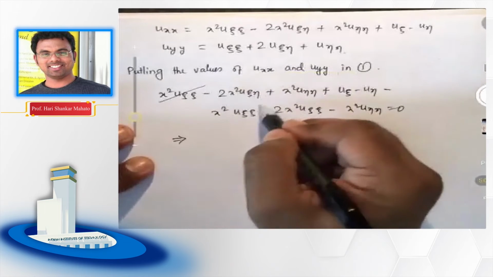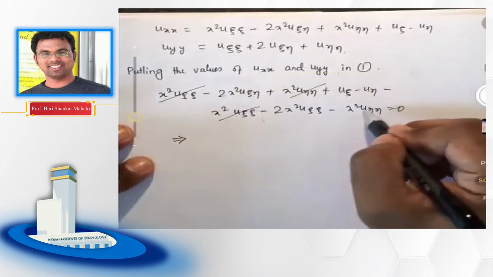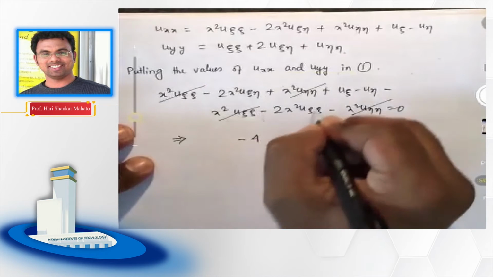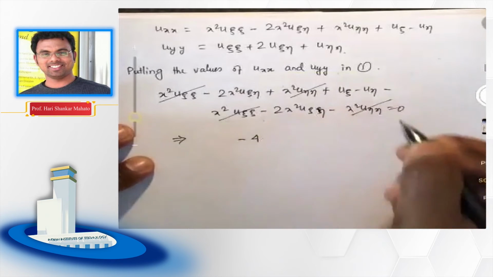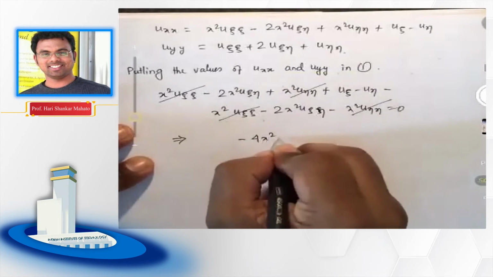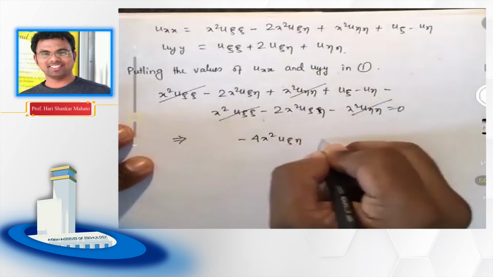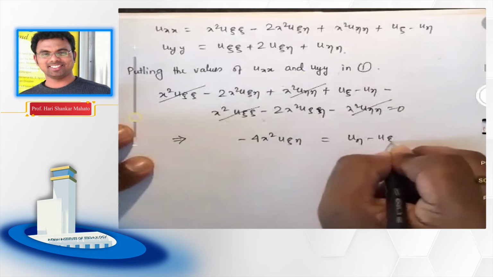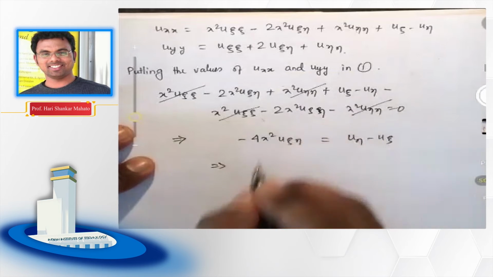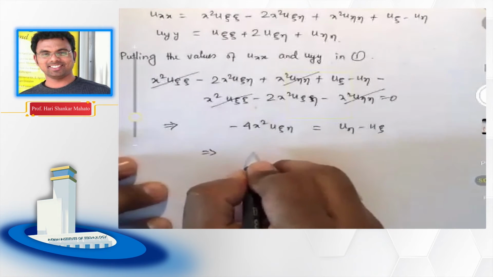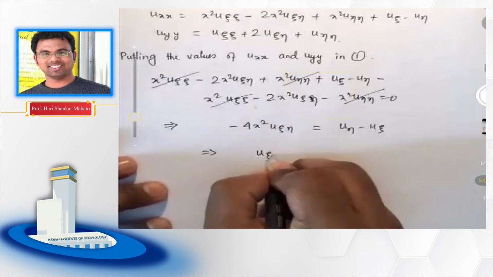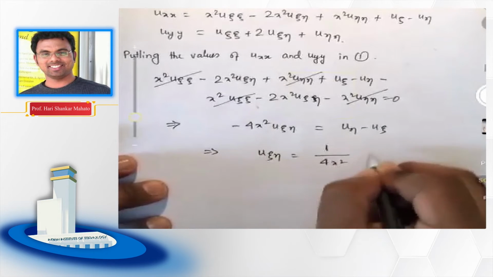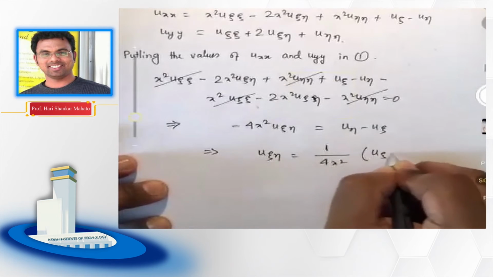So this will cancel out with this, and what we are left with is minus 4x square u_xi eta, this should be xi eta, yes, equals u_eta minus u_xi. So I can adjust the negative sign, and this will become u_xi eta equals 1 by 4x square times (u_xi minus u_eta).